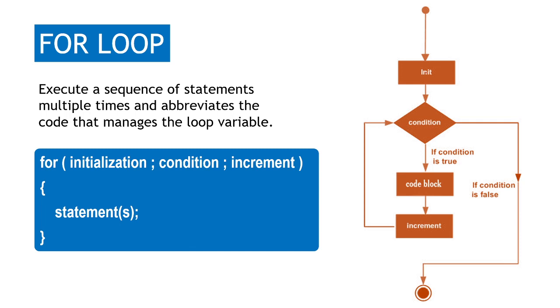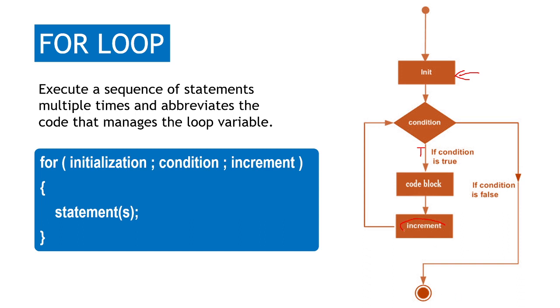Okay, so for the flowchart of the for loop. Here is the initialization of the variables, and then you will have a condition. Then you will have a code block if it's true. Now if it's false, it will end.